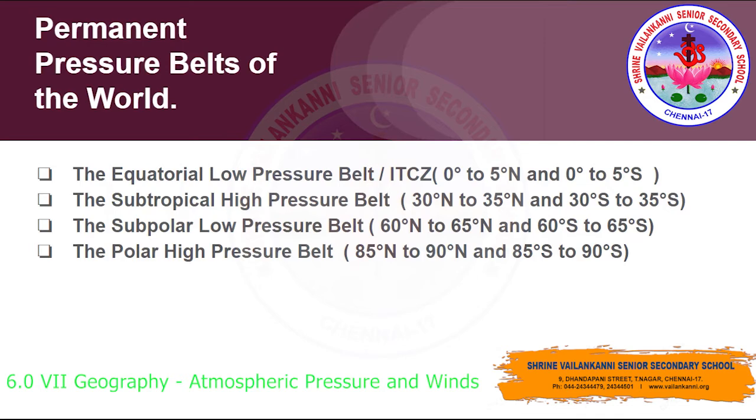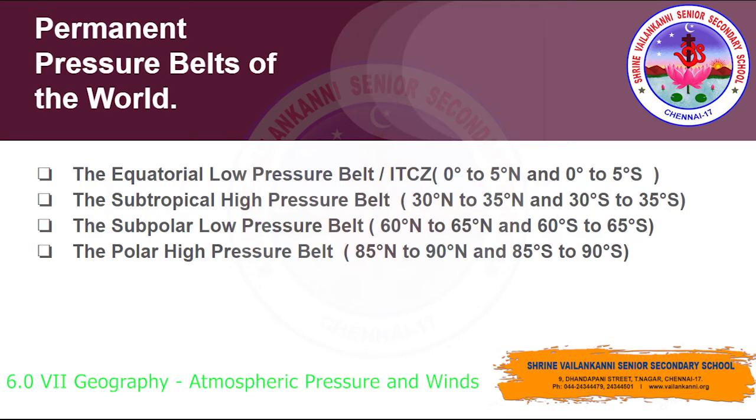There are four major permanent pressure belts of the world. They are the equatorial low pressure belt, or the ITCZ, from 0 degree to 5 degree north and 0 degree to 5 degrees south of the equator. The next one is the subtropical high pressure belt, from 30 degree north to 35 degree north and 30 degree south to 35 degree south.